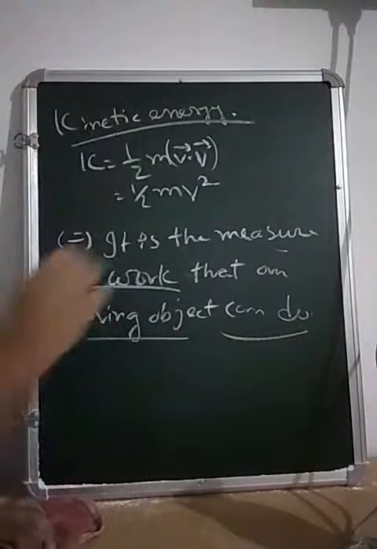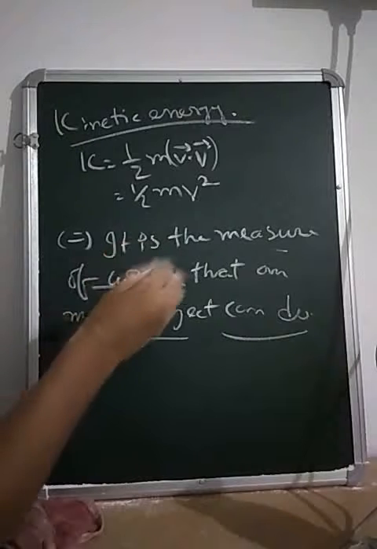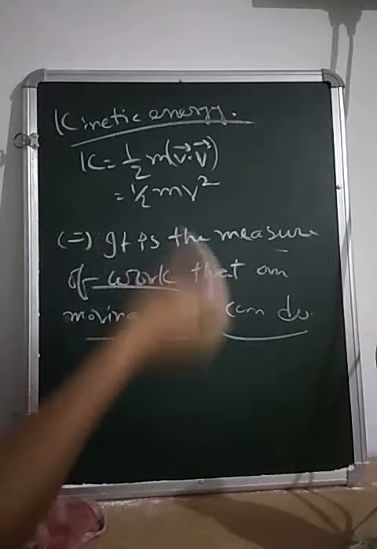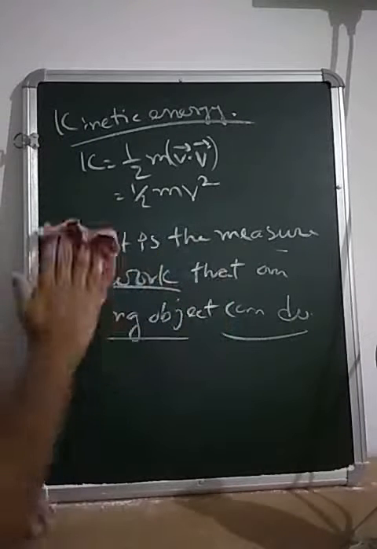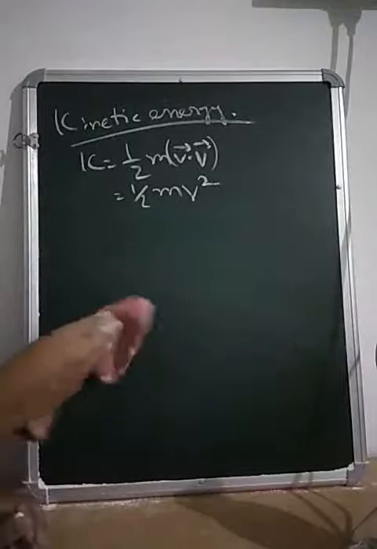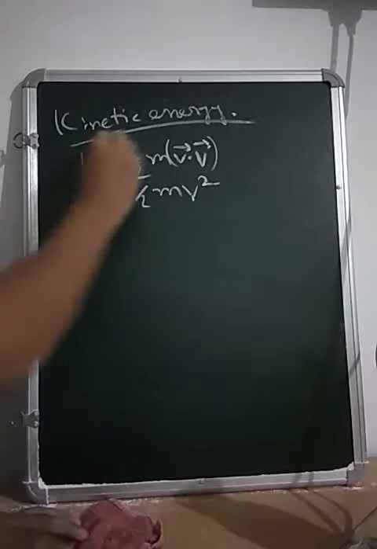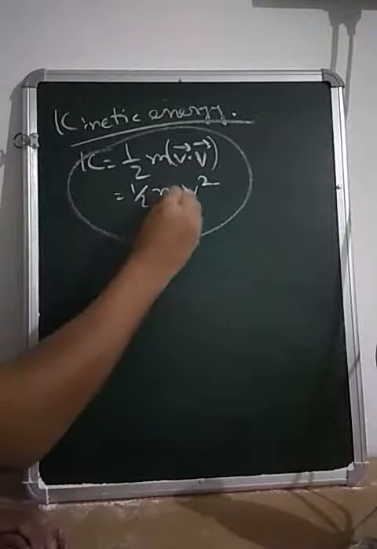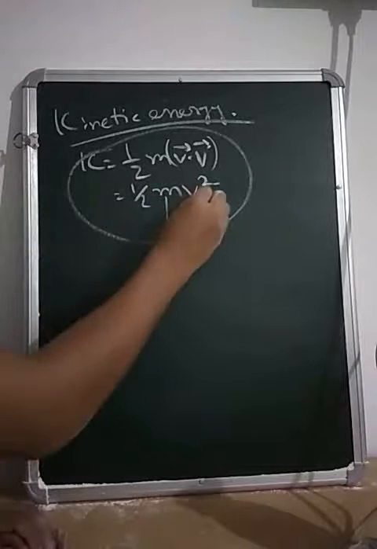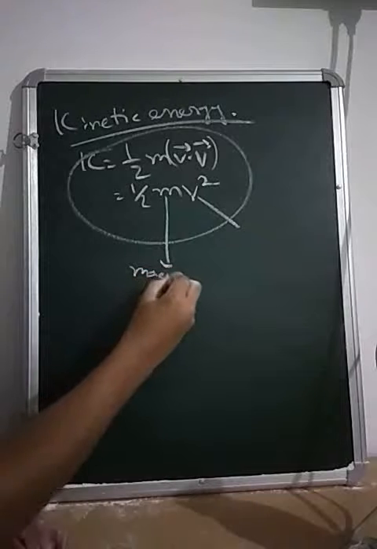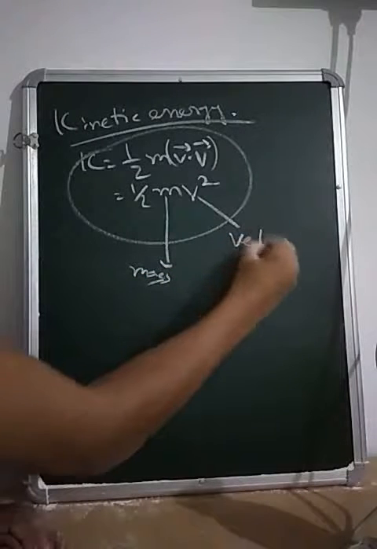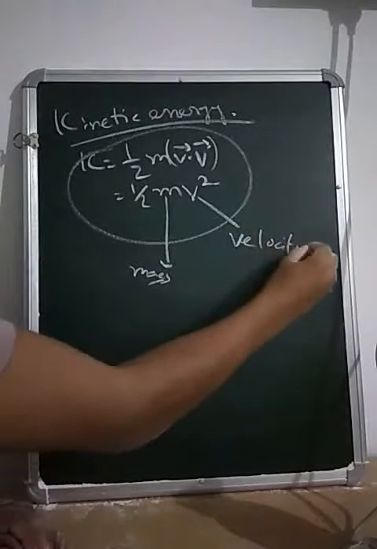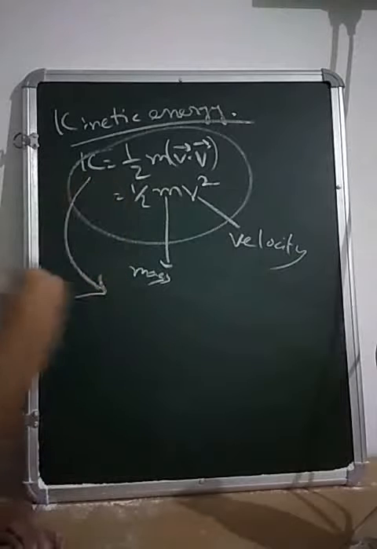Kinetic energy is the measure of the work that a moving object can perform. This is how we represent the kinetic energy term. Suppose m is the mass of the object, v is the velocity at which it is moving, and K is the kinetic energy.